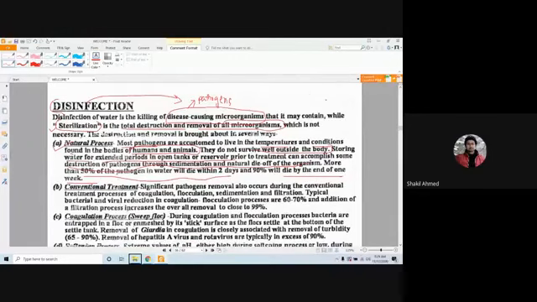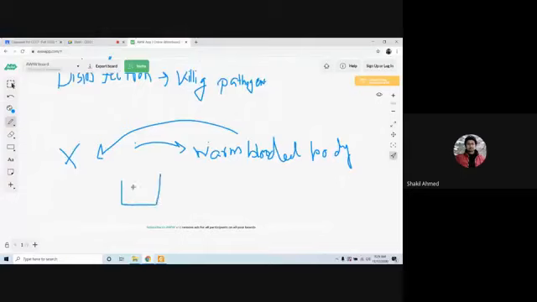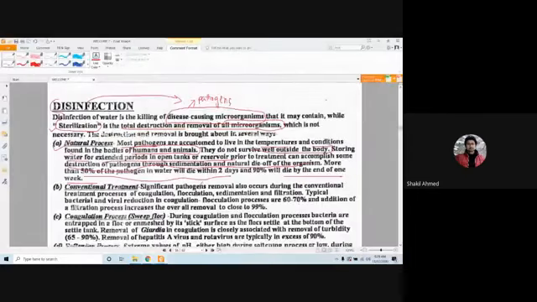That means if you store the water for a certain number of days, you can achieve 50% disinfection within 2 days and 90% within 7 days, or 1 week. But remember, you may still have 10 to 20% of pathogens which might be deadly, which can kill a person. So you have to be very careful. Natural die-off is not enough for us.